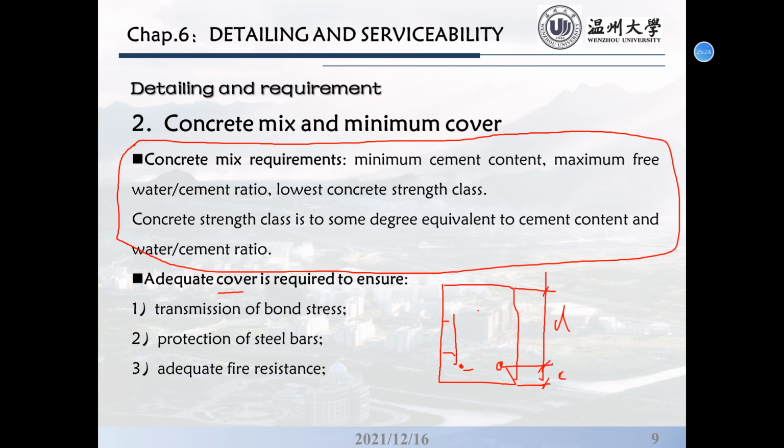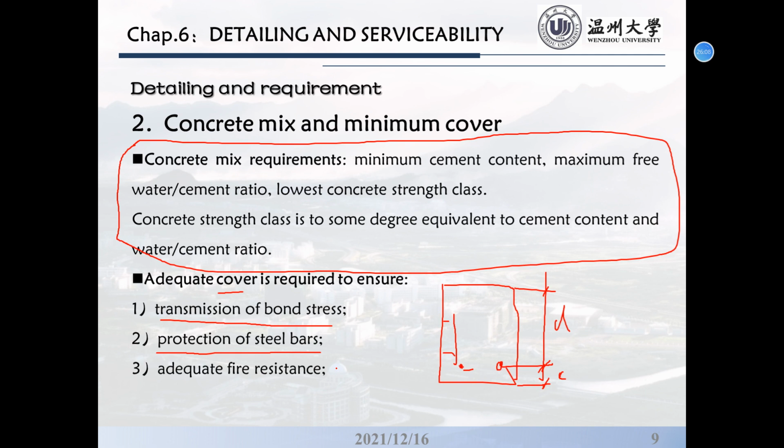If the structure has a cover, the steel bars inside will not be easily affected by humidity or water, which would make the steel bars rust. That is not good for the steel bars, so the cover protects them. Also, the steel bar has dowel action, so with the cover around the steel bars, they can transmit the bond stress.